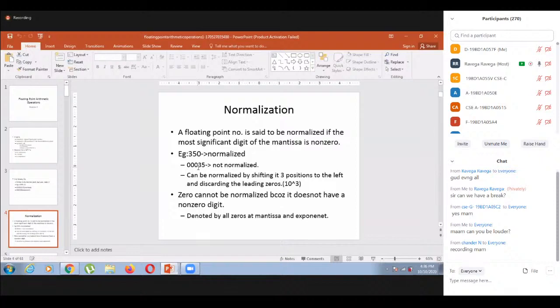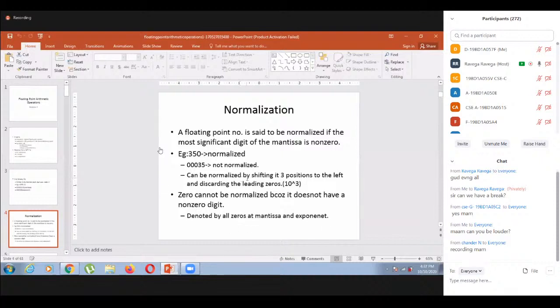By using zeros, you get the result 0 also. So how do we normalize this number? The most significant 3 digits are zeros, so you can remove them.